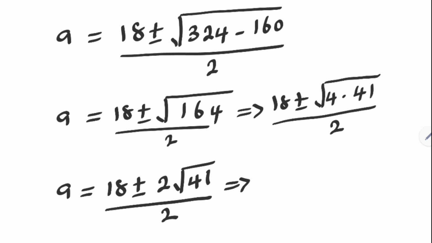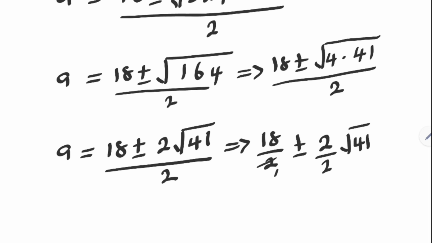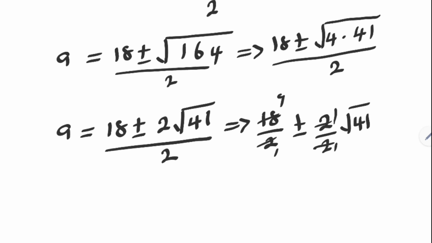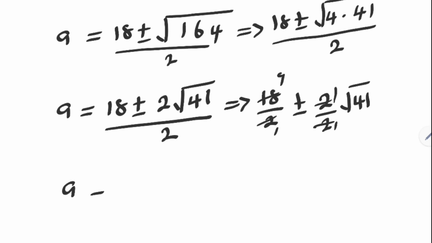This can be written as 18 divided by 2 plus or minus 2 divided by 2 root 41. 2 here 1, 2 here 9. A is equal to 9 plus or minus square root of 41.